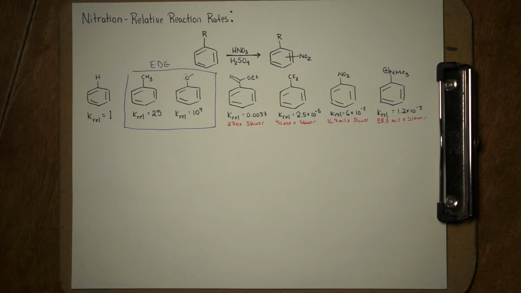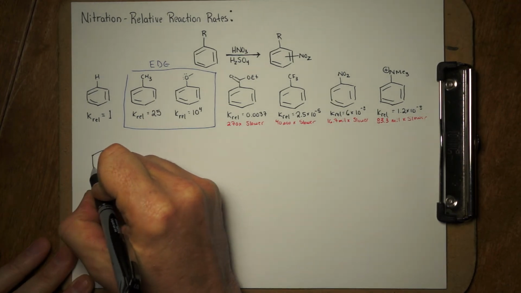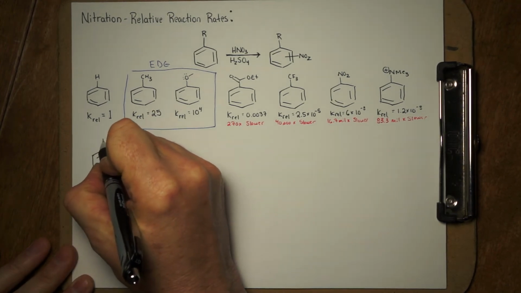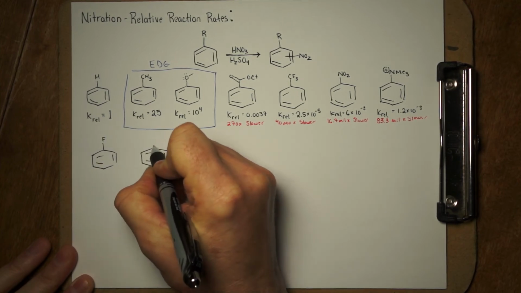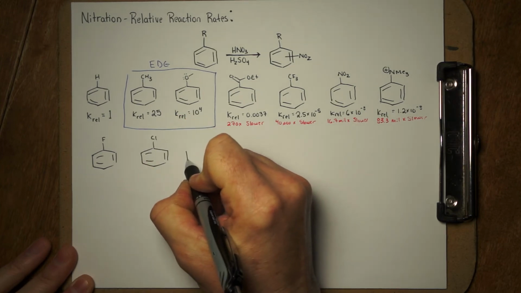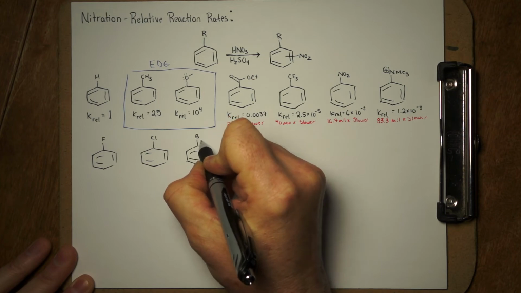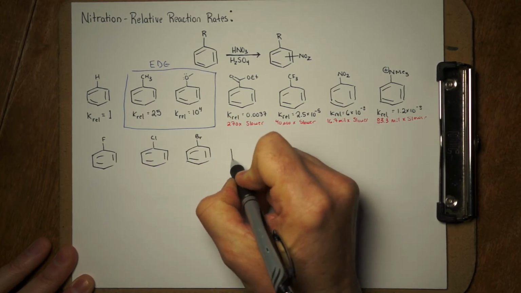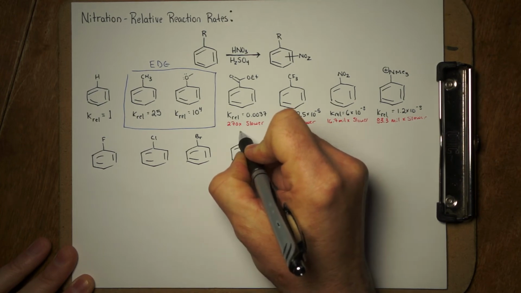Okay, now as you might have noticed, one thing that I've avoided talking about so far is halogen substitution. Right, so we have our halide series where we can have a fluorine, chlorine, bromine, and iodine, right?